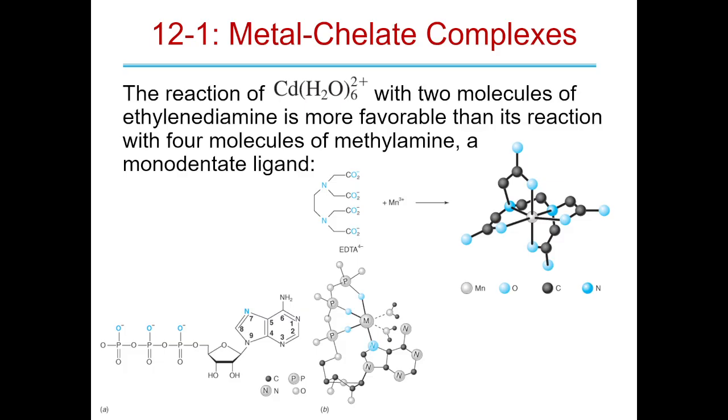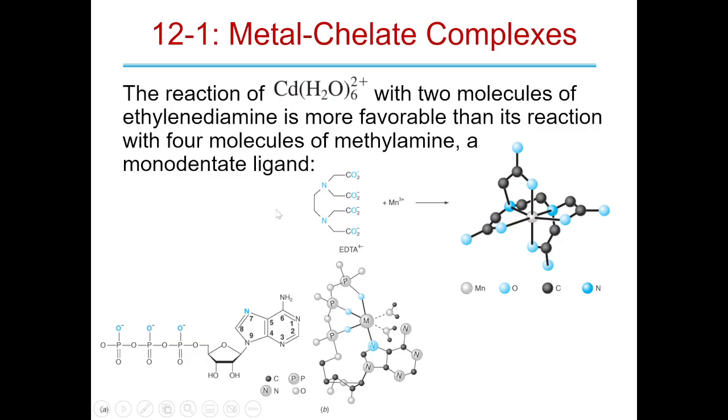So this reaction right here, here's a metal with 6 waters. Each of those waters would be monodentates, right? You have 6 of them taking up the cluster around that metal, right? And we're all kind of familiar with that by now, hopefully.